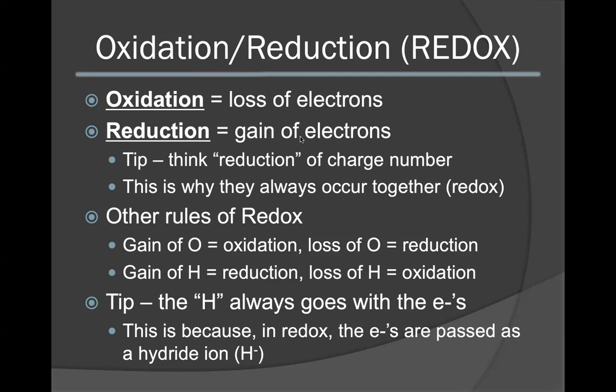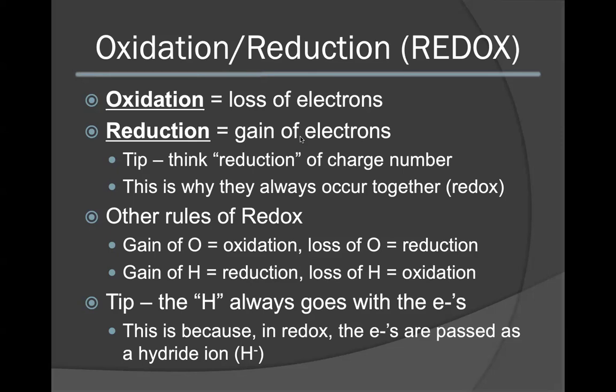We've seen hydrogen in the form of a proton, that would be H+. In that case, the hydrogen has lost its electron and become positive. However, when we are looking at metabolic pathways and photosynthetic pathways, the hydrogen atom will gain an electron.